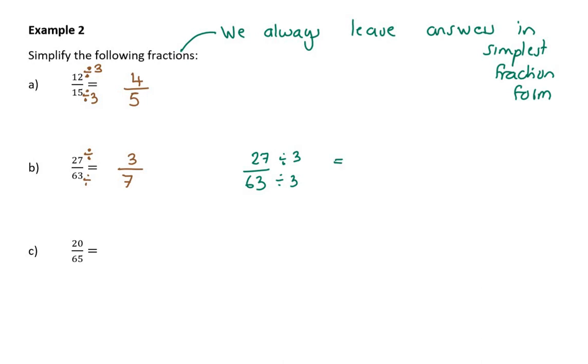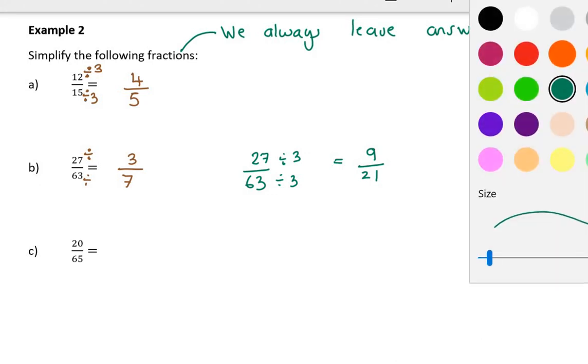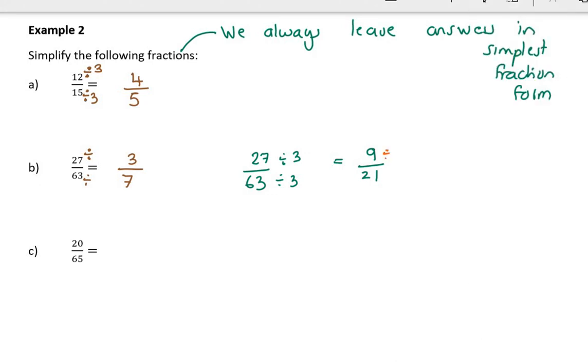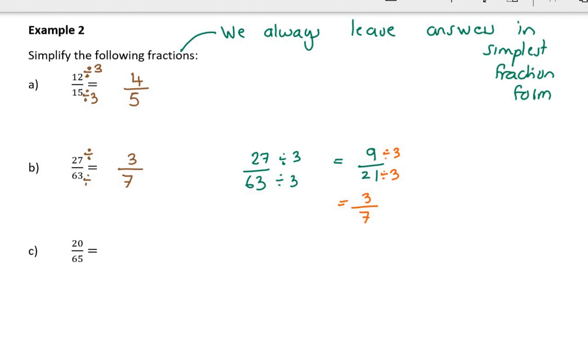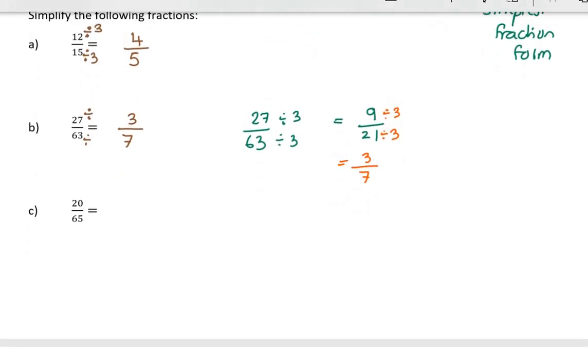There's nothing wrong with that. Then you'll get 9 over 21. And then you should say to yourself, hang on, doesn't something also go into 9 and 21? And so I'm going to divide by 3 again. And when I divide 9 by 3, I get 3, and 21 divided by 3 is 7. So there's nothing wrong with going little steps if you don't pick the biggest number that goes into your top and bottom.